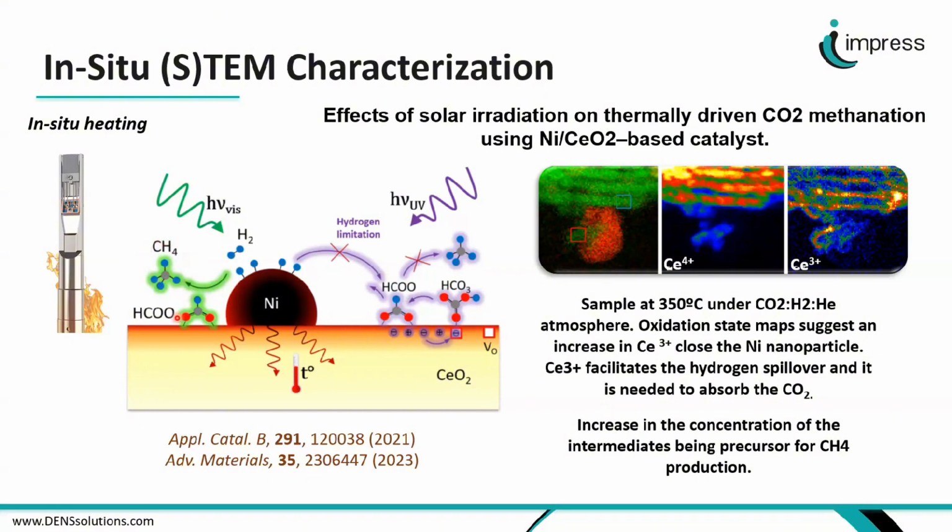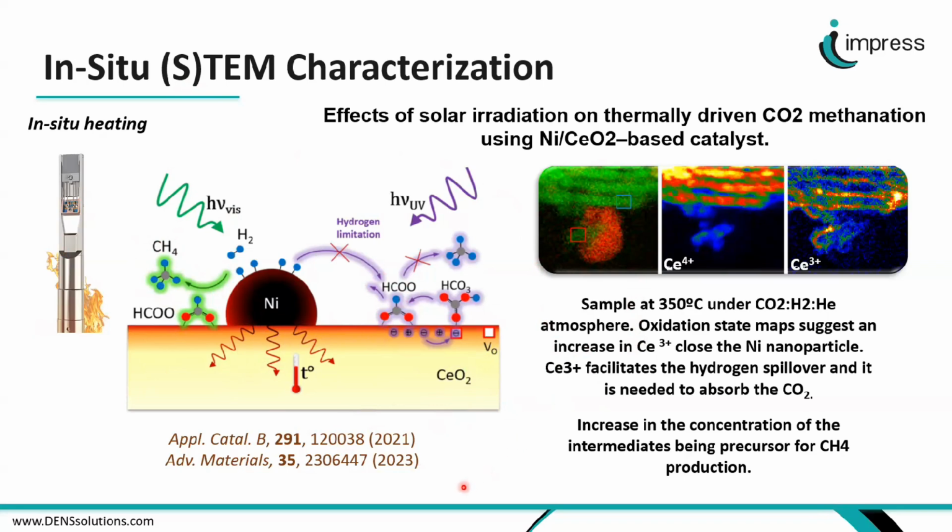Then, thanks to the redox character of cerium, after the reduction to obtain methane, the cerium 3 generated can oxidize again to be cerium 4. It is a really interesting paper to produce methane through CO2 methanation.